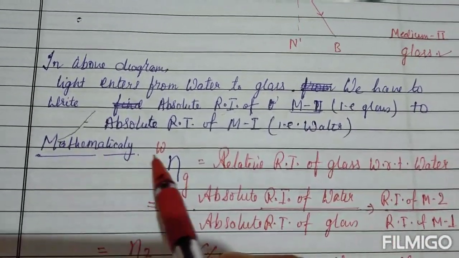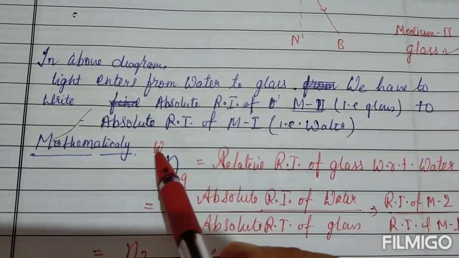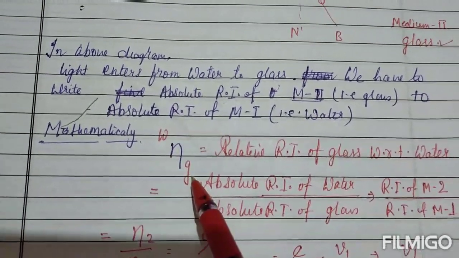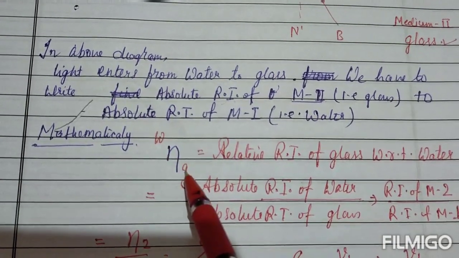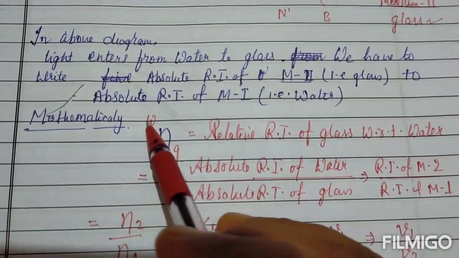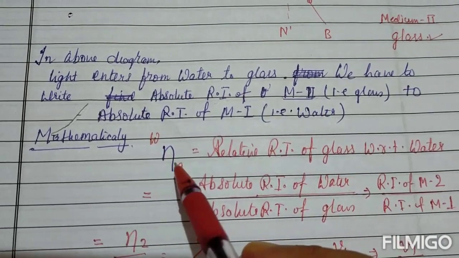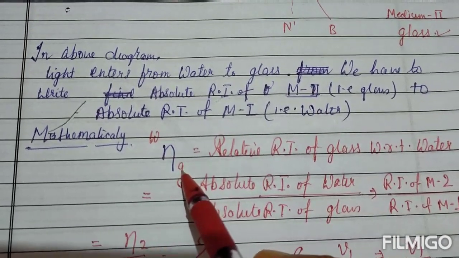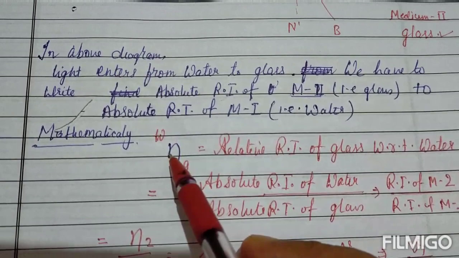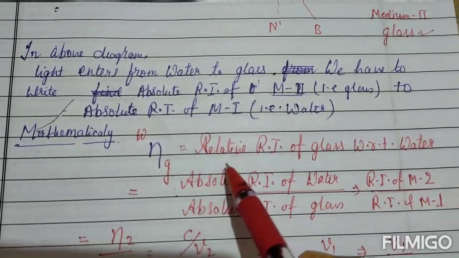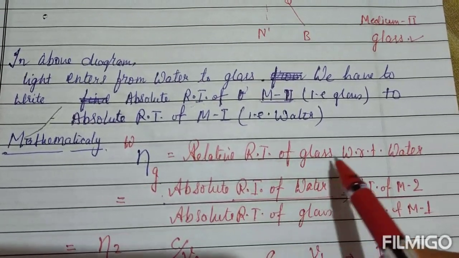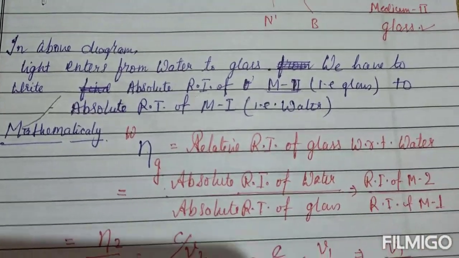Mathematically it is represented as W nu G. W nu G means refractive index of glass with respect to water. That is the relative refractive index of glass with respect to water.